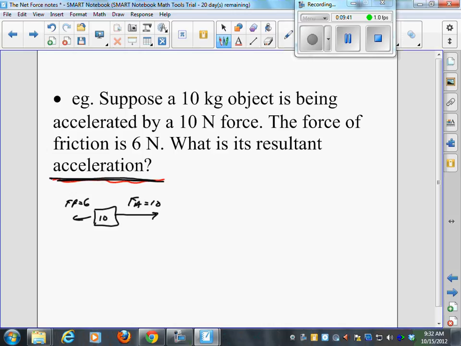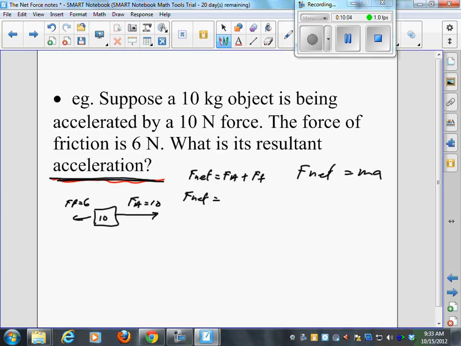So if I need to find the resultant acceleration, I'm going to end up using F net equals ma. But before I can do that, I need to find F net, right? So you've got to work backwards a little bit. We're going to write F net is equal to applied force plus friction force. The applied force is 10.